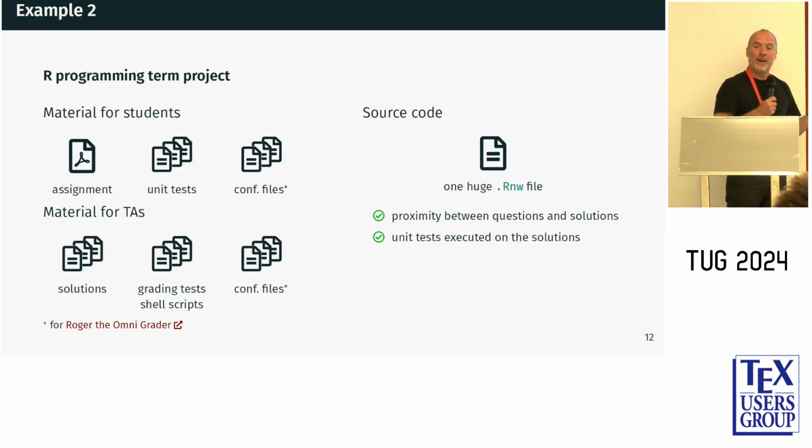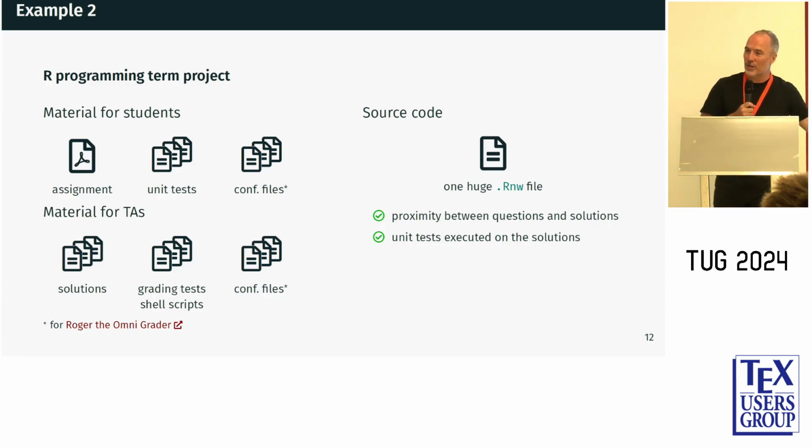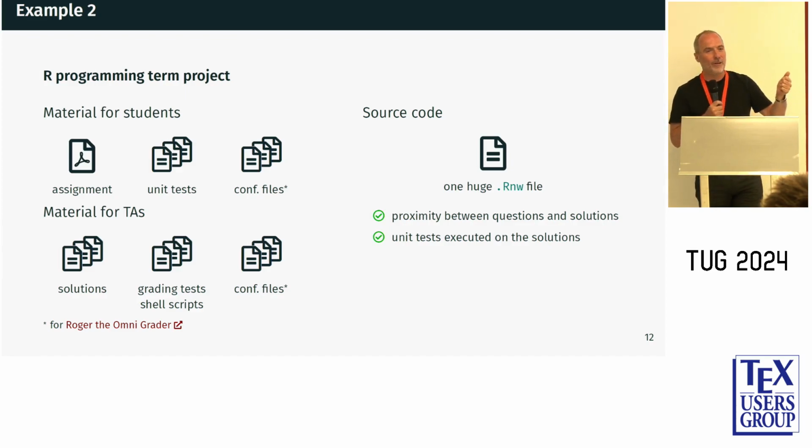And one other very, very nice thing is that the unit tests that I give to the students, that I give to the graders, they're all executed also when I compile the document. So in other words, I'm sort of auto-validating my own code each and every time. The only thing I have to be careful about is to write a question that matches the solution.